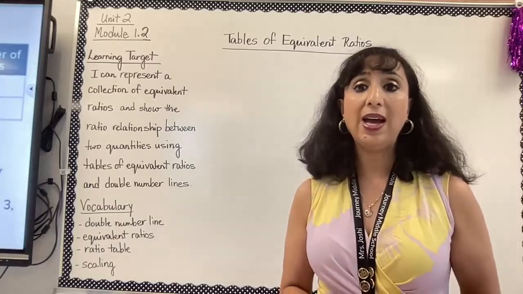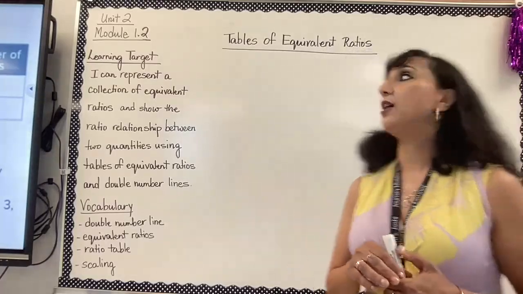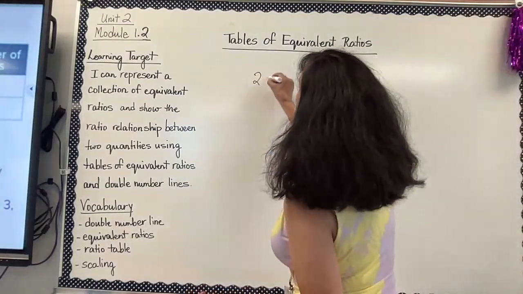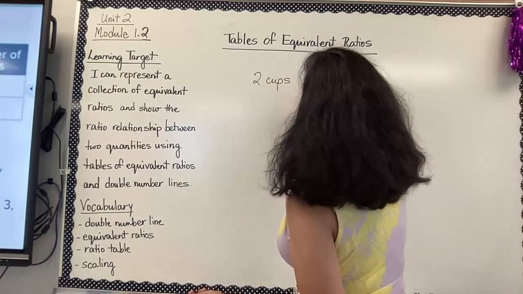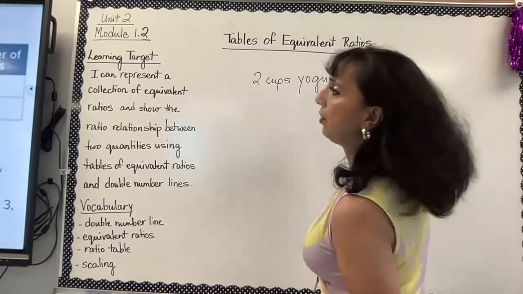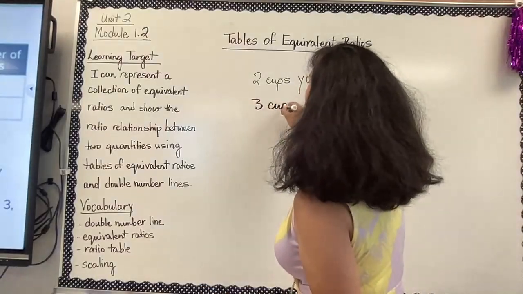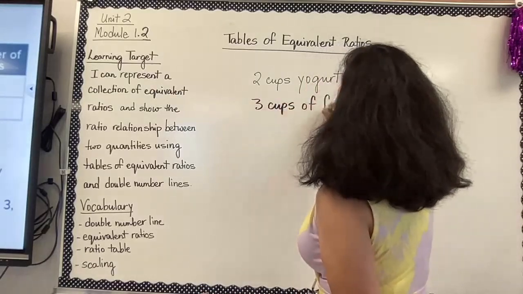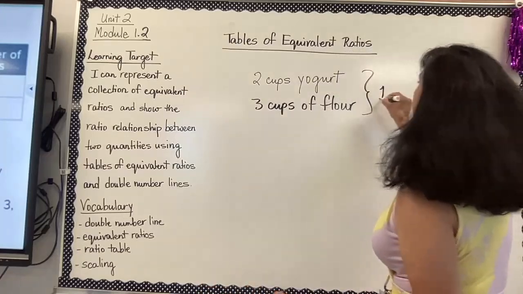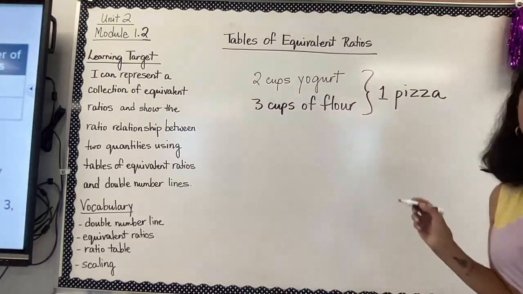So let's go ahead, and we said that we need 2 cups of Greek yogurt. And we need 3 cups of self-rising flour. 3 cups of flour. And this is for 1 pizza. These were the ingredients that are provided to us.